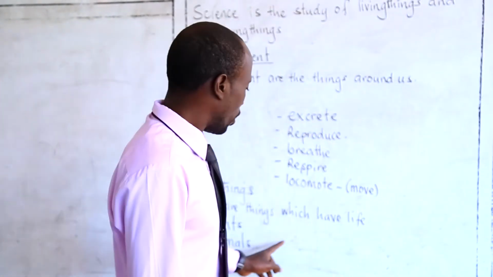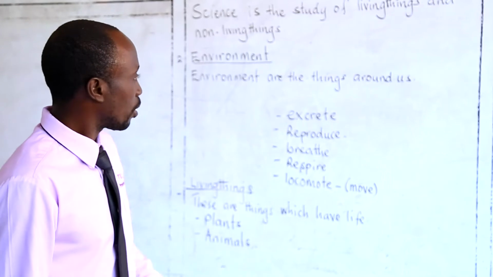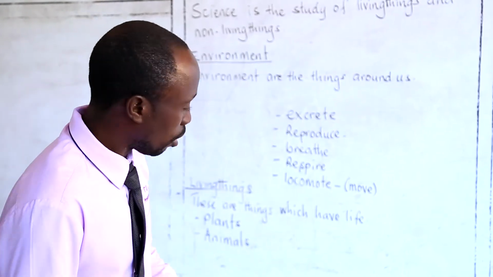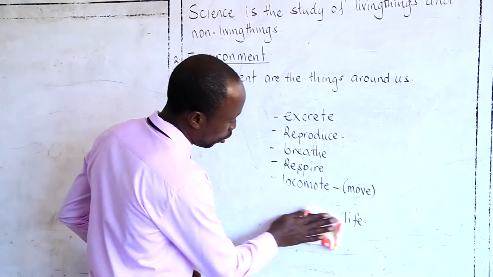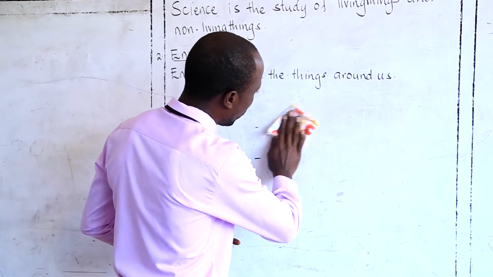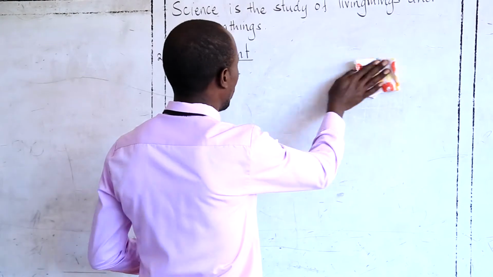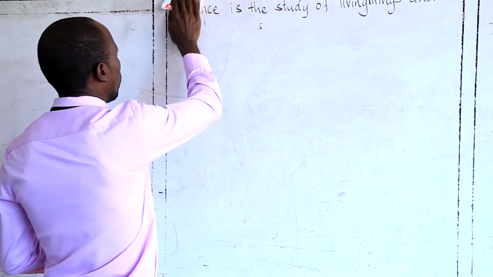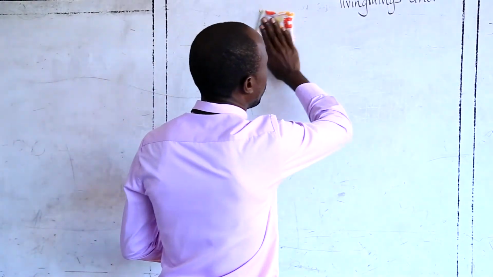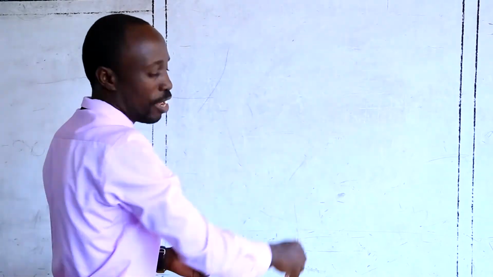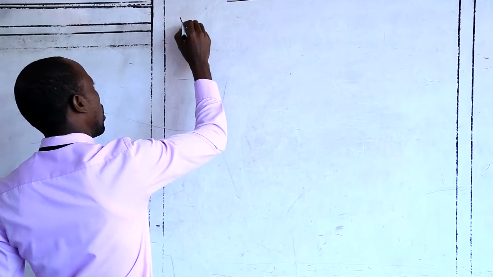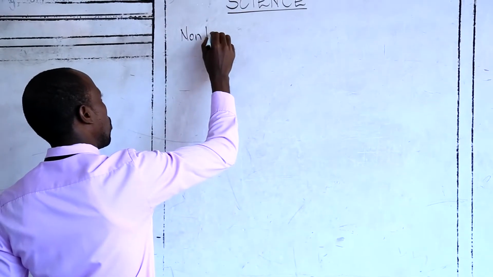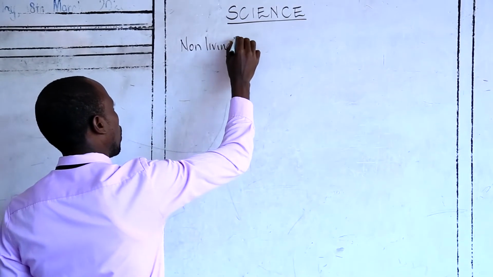So if we go and discuss now the non-living things. The non-living things, those are the ones without life. They do not have life. They can't do all what we've just written, okay? Those are non-living things. And you know examples by now. At this level, non-living things.